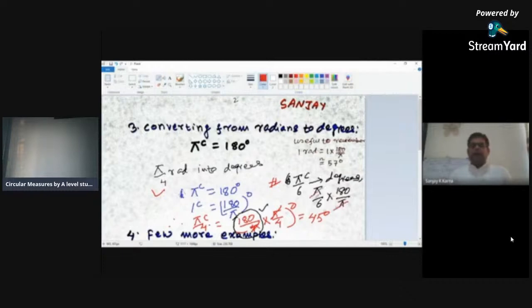Pi and pi cancel out, and 6 ones are 6 and 6 fives are 30, so that equals 30 degrees. In this way, pi by 6 radian has been converted into 30 degrees.